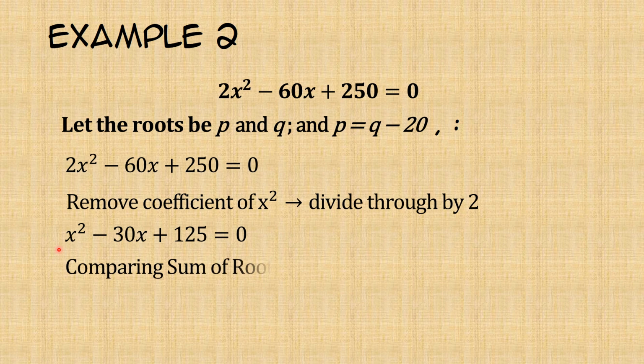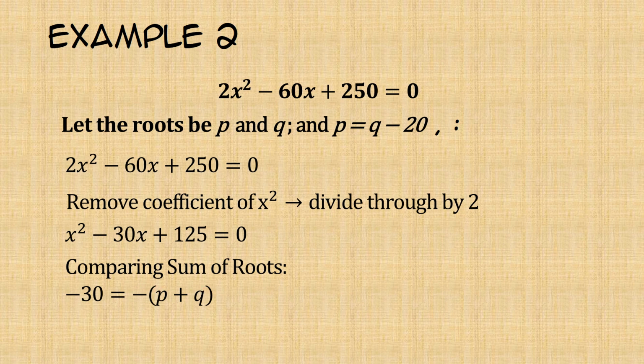Then we can use our sums and products of roots. So here I'll use the sum of roots because it's faster. The coefficient of the x term will be equal to negative the sum of roots. So here the coefficient of the x term is negative 30 equals negative (p plus q).